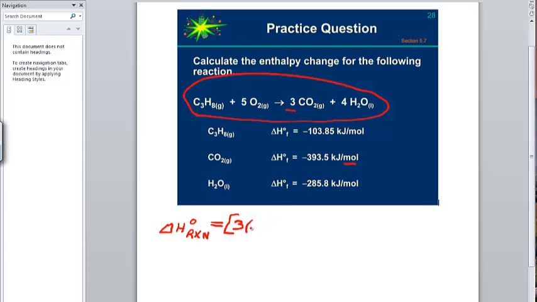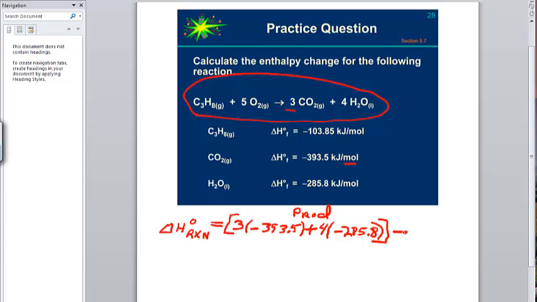So this is 3 times a minus 393.5 kilojoules per mole. And I'm going to add the 4 moles of liquid water. So that's plus 4 moles of water, and the water is minus 285.8. Those are my products.